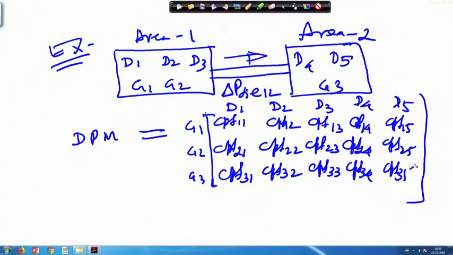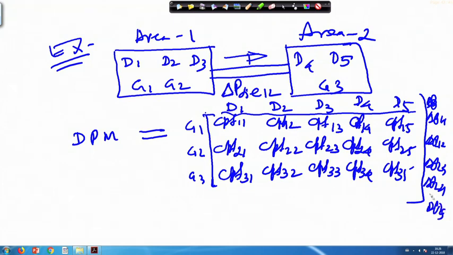Each disco is demanding delta PL1, delta PL2, delta PL3, delta PL4 and delta PL5 power demands, right. So, on the right-hand side I am writing delta PL1, delta PL2, delta PL3, delta PL4 and delta PL5, right.